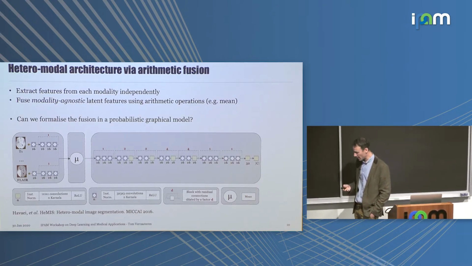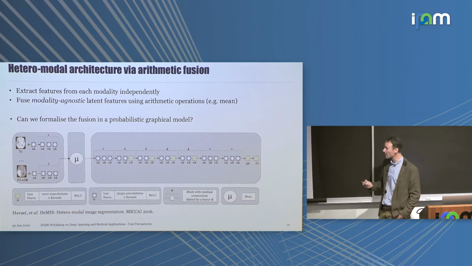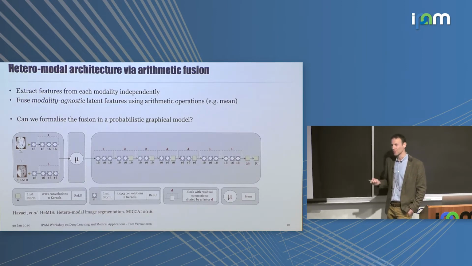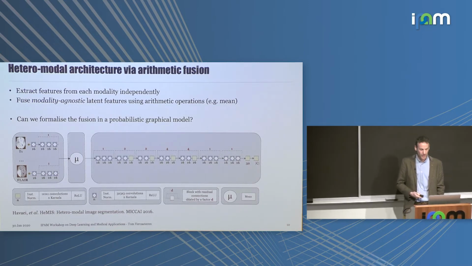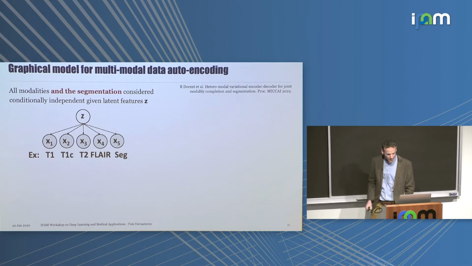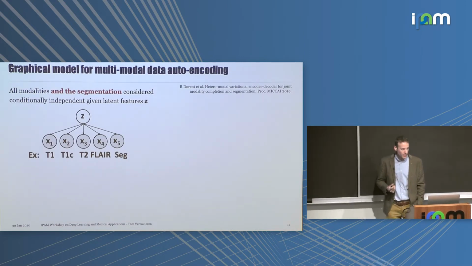So can we try to use some probabilistic understanding and formalize either why the mean is the best way of doing that, or find alternatives to get a better averaging there? That's where we inserted our graphical model.